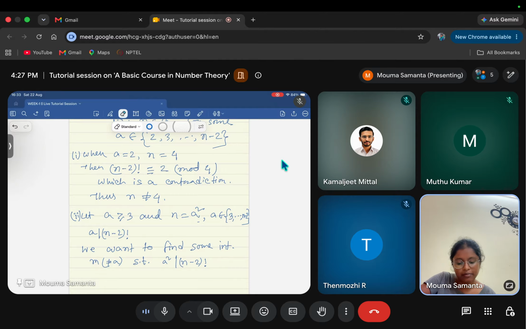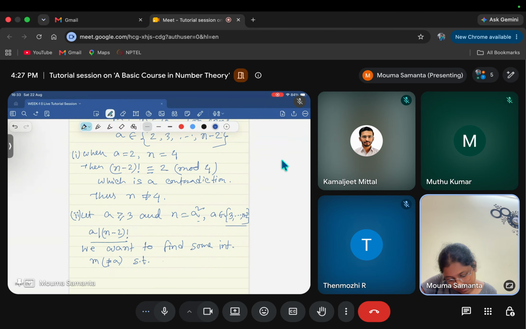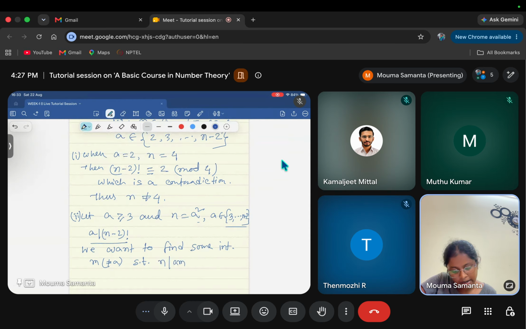Now if we find another integer in this set which is not equal to a, and if we can show that a times m divides n minus 2 factorial and n divides am, these are the two simultaneous divisions we expect from some integer in this set which is not equal to a.